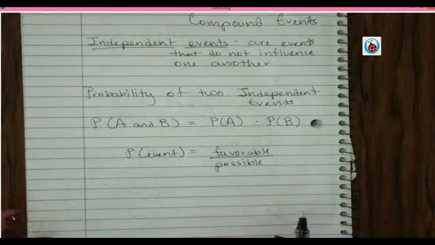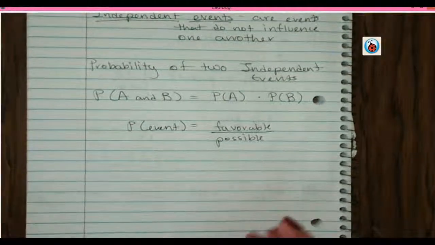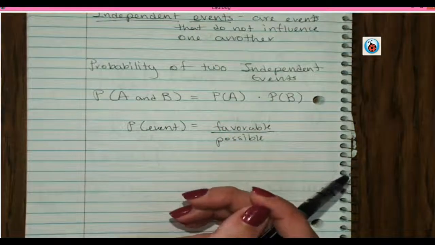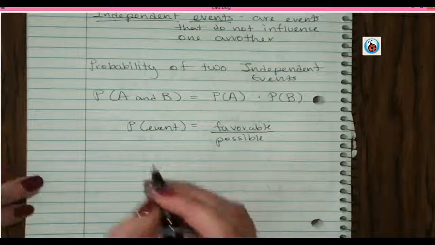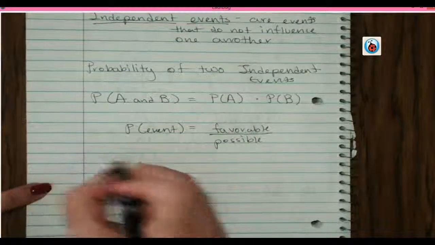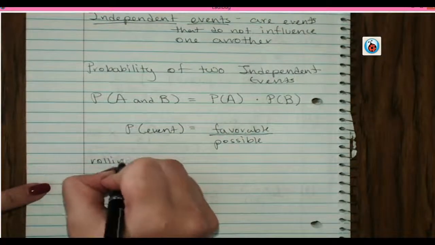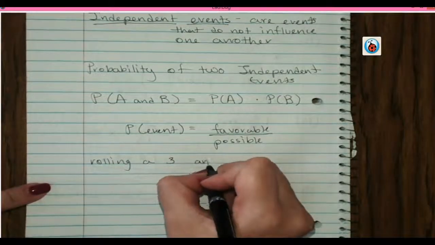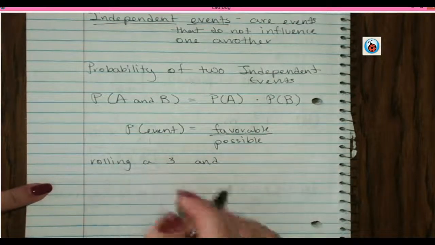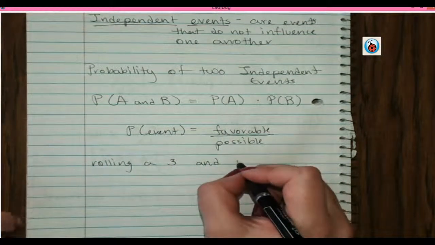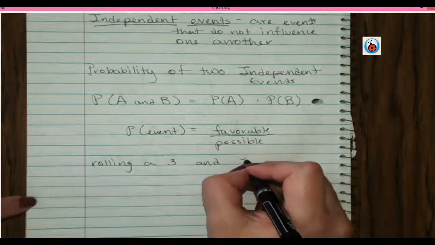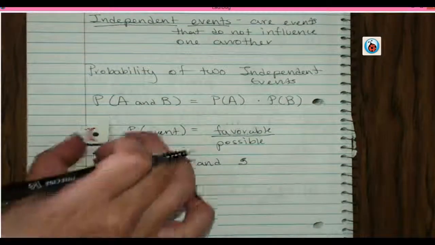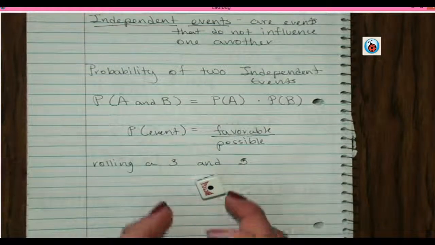So let's say we're talking about these two dice. Two regular dice. How many sides does each dice have? 6. So if we want to find the probability of rolling a 3 on the first dice and rolling a 5 on the second dice.